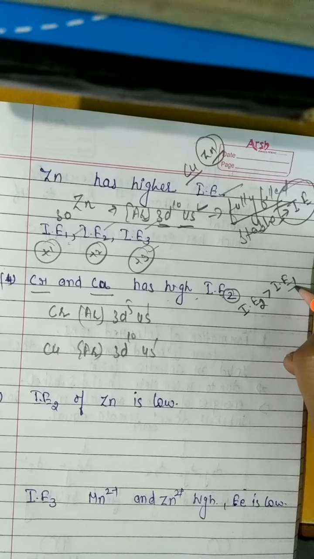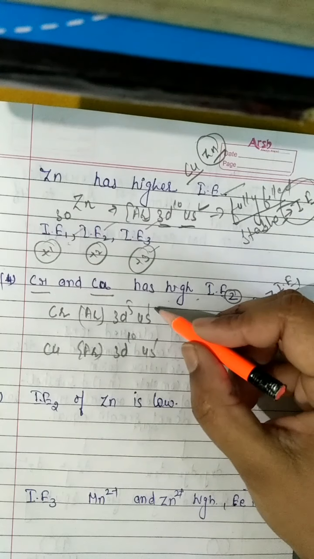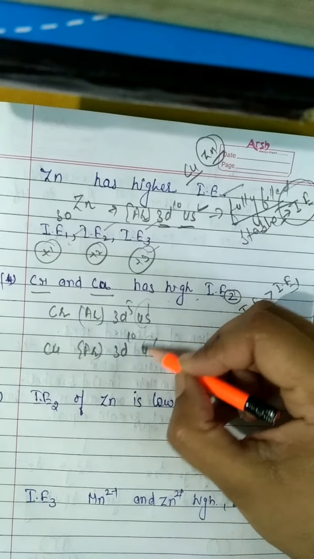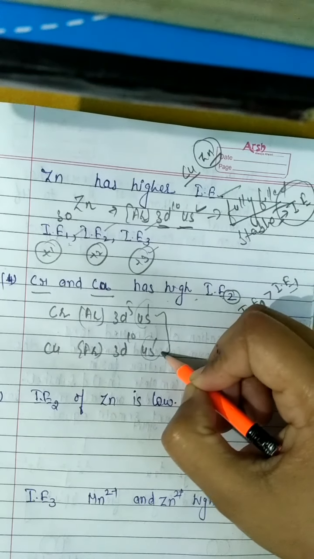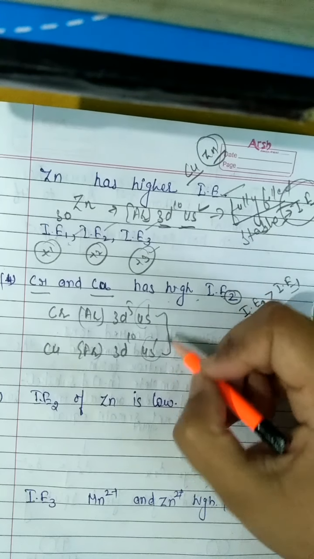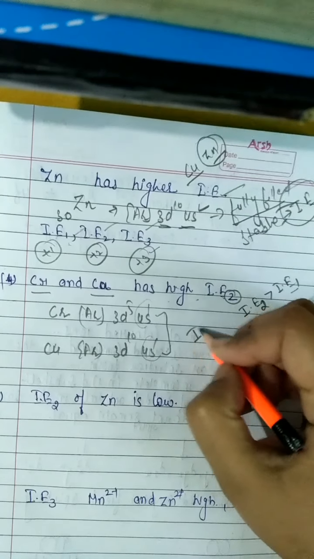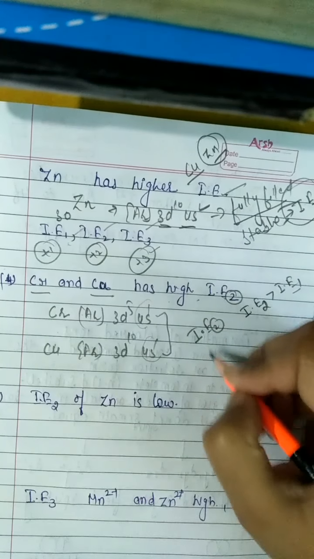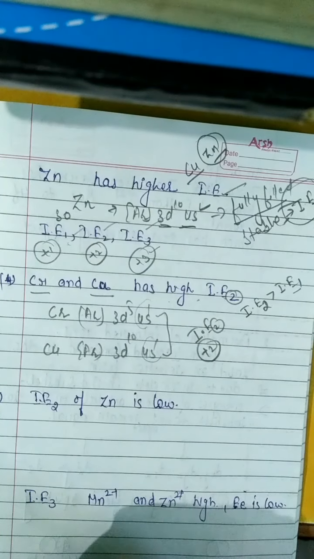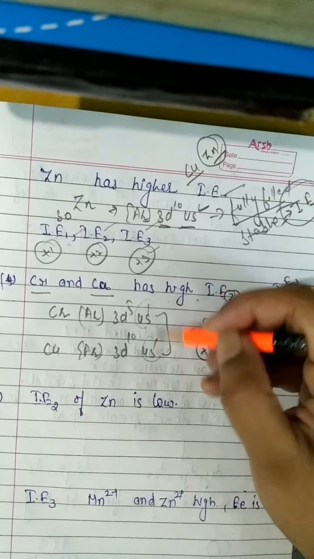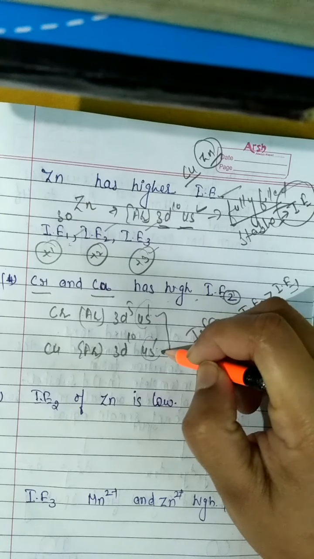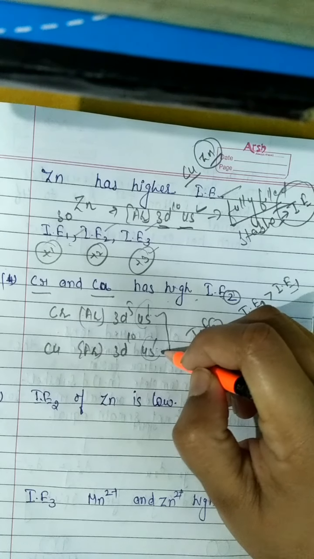Now, first ionization enthalpy means we have to remove the electron from the 4s orbital. That is, we easily remove the electron from the 4s orbital. Clear? If we are talking about the second ionization enthalpy, the first electron is removed easily from the 4s orbital.